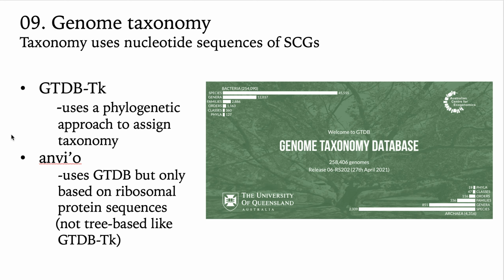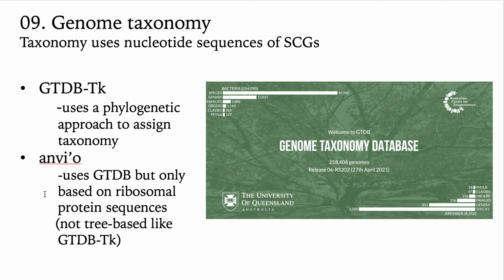Next, you want to assign taxonomy to your high quality genomes, and for that you should use something called GTDB-Tk. GTDB is the Genome Taxonomy Database that uses a phylogenetic approach to assign taxonomy. And you can run this as a standalone tool. You can also use Anvi'o to run your MAGs against the database itself, but this analysis is based on ribosomal protein sequences.